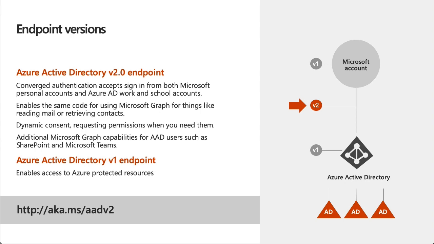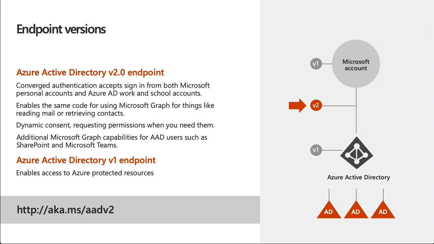What that meant is that if the user was logging in with a personal account or consumer account, also known as a Microsoft account, and they wanted to access things like their OneDrive consumer account or their Outlook.com account, our application would have to know what kind of account they were signing in with, and we would have to send them to a whole different authentication model.